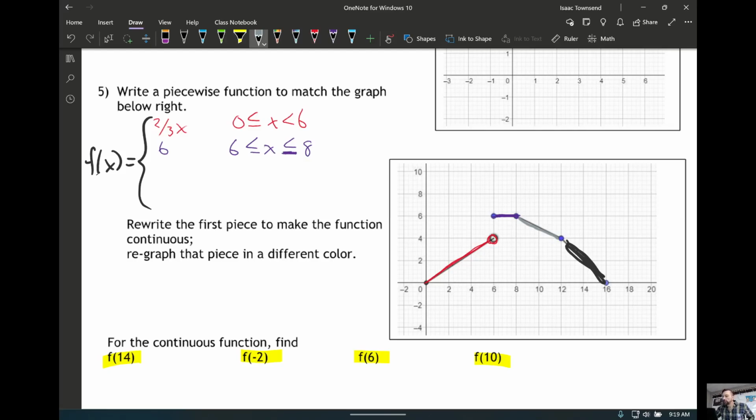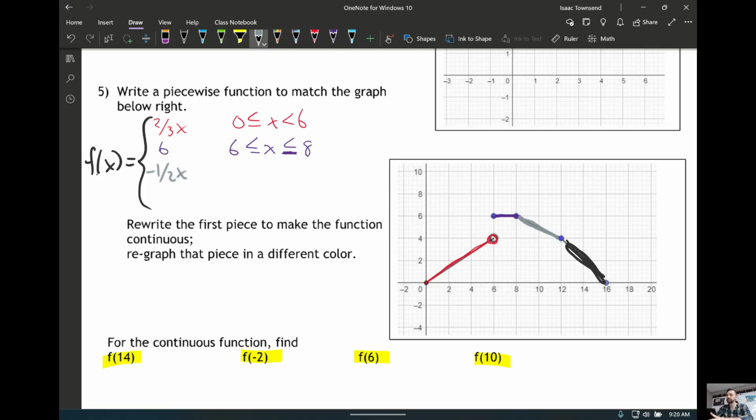Okay, for the third piece, what I have in gray, I can do the slope, not a problem. Down 2, right 4 reduces to -1/2. But the y-intercept is a little more work because you can't see where it hits the y-axis.